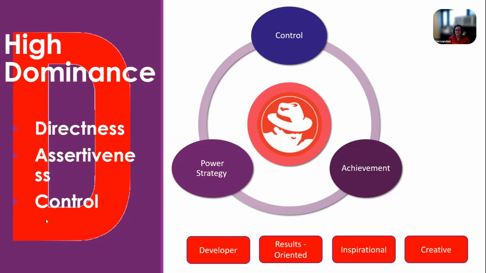Okay. So again, the D is directive, assertive. They're results oriented. They are creative, but not as creative as like an S, for example. But they're creative with coming up with solutions. So the D on my team, he's like 99% D. He is coming up with solutions.